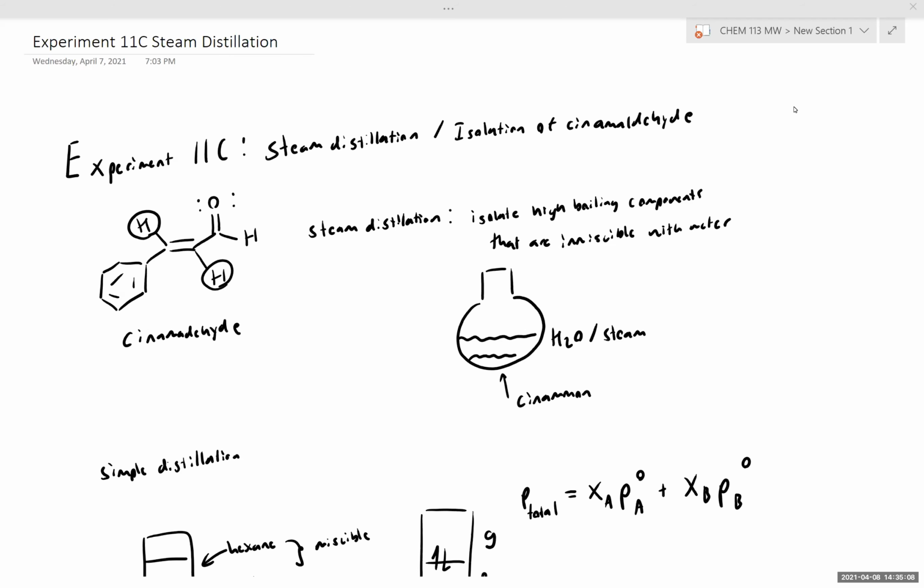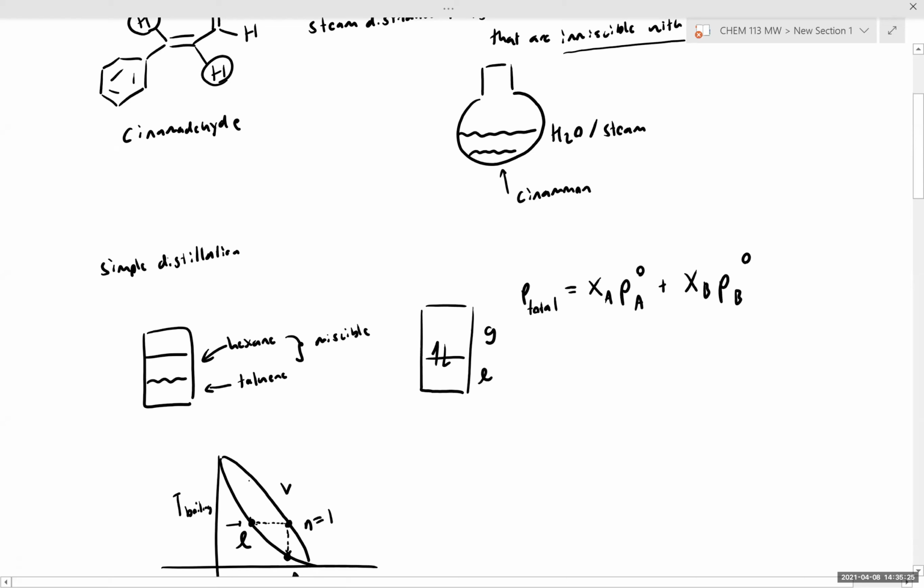Now, to talk a little bit about the main distinction between steam distillation and simple distillation, it's important to highlight this key sentence here. Steam distillation deals with isolating high boiling compounds that are immiscible with water. Now, in simple distillation, as we talked about in 112, if we have hexanes and toluenes, they will mix and we'll get a miscible solution mixture, right?